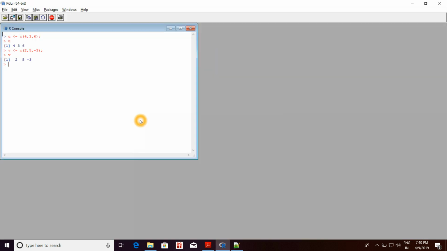So det 1 is equal to u2 multiplied by v3 minus u3 multiplied by v2. So det 1 is minus 39.